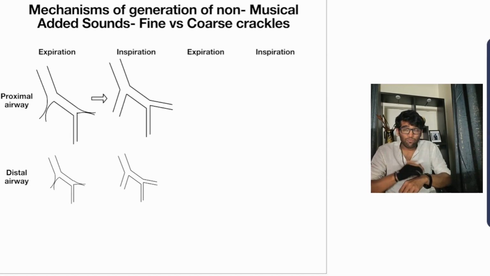Which airway, what lumen size or diameter, where, all of that is very variable. It depends on where the fibrosis has occurred, the primary areas of fibrosis and things like that. But during inspiration, the airways suddenly open up.